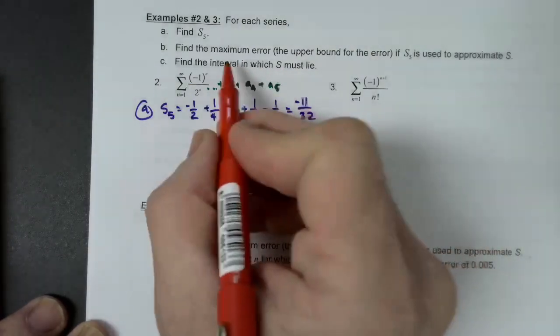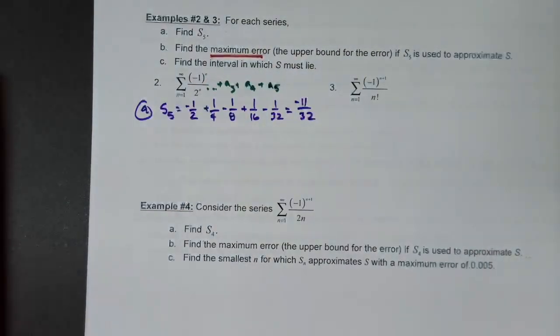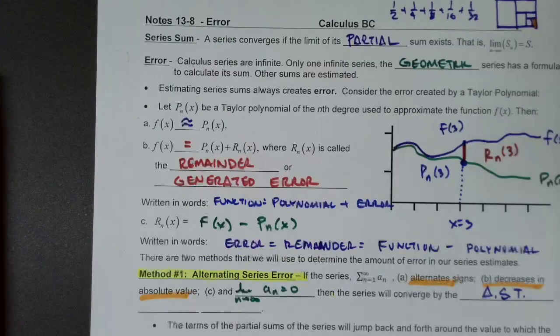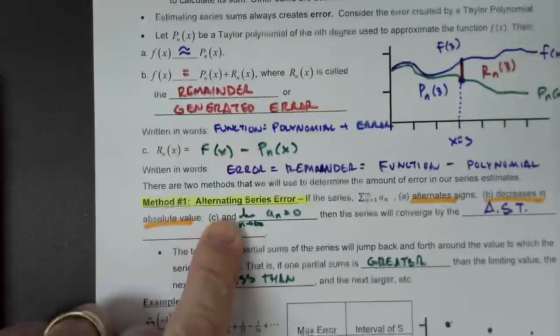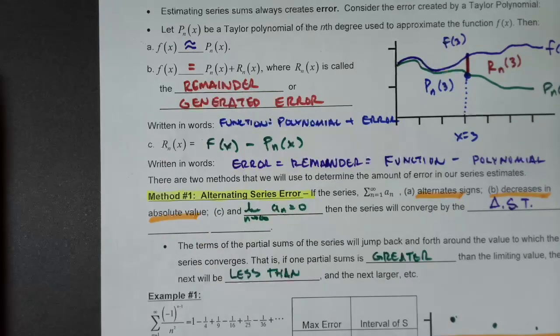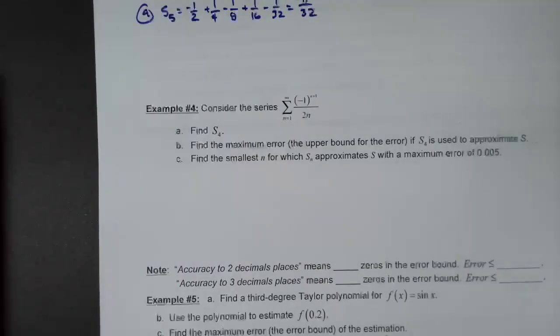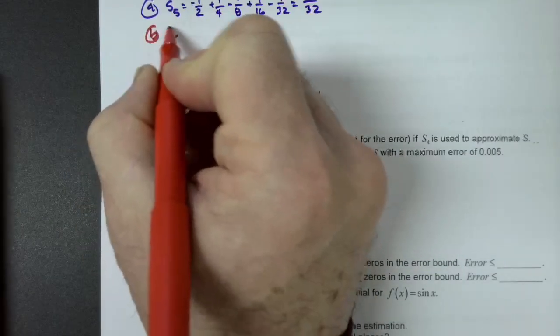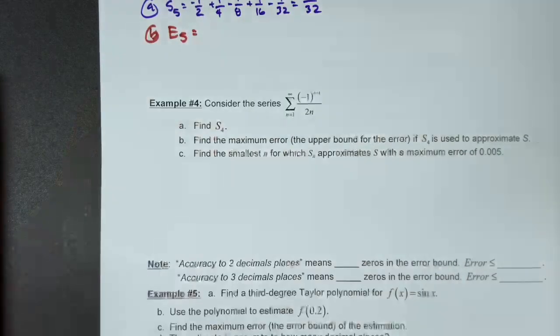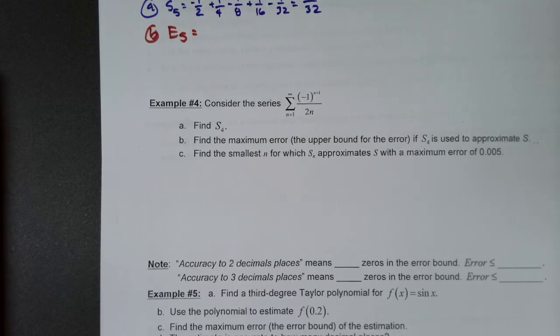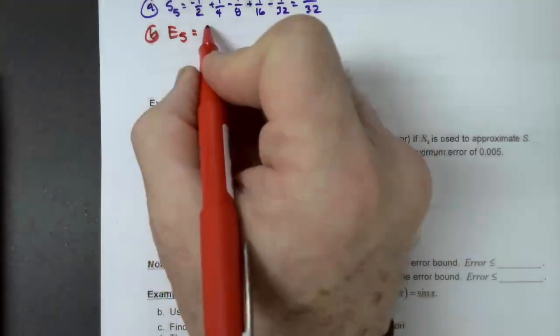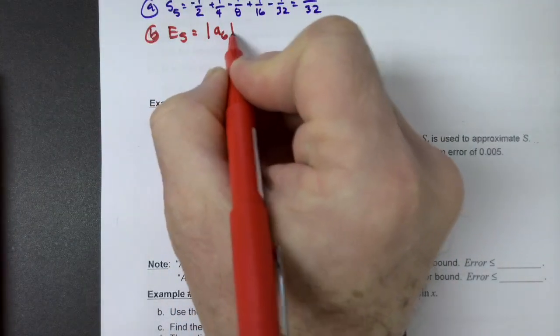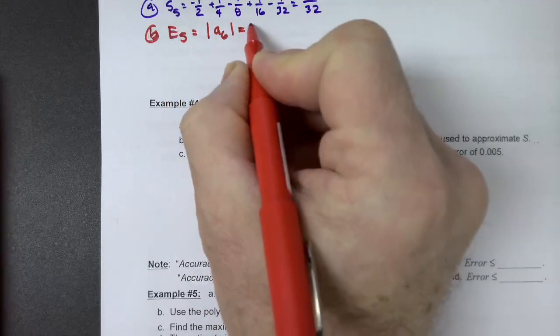And here's the key. We're going to use this alternating series error to calculate our bounded error. It's just going to be our next term. So the error of the 5th partial sum of this one is simply going to be the absolute value of the 6th term. What's our 6th term?